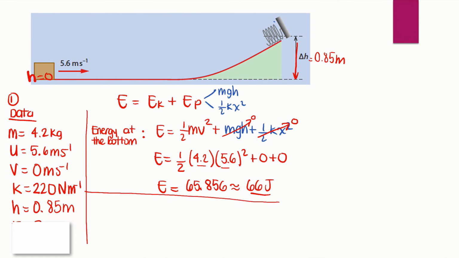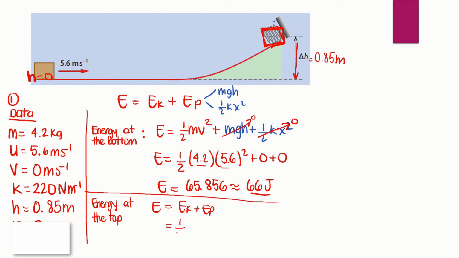Now we have to consider the object when it comes to the top of the ramp. So the energy at the top is going to be total energy equals kinetic energy plus potential energy.